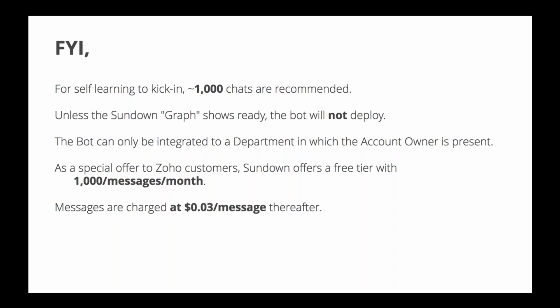But as a special offer to Zoho Sales IQ customers, Sundown offers a free tier where every month your bot can answer up to 1,000 messages at no extra cost. So for most businesses, this number should be sufficient. Your chat volume is not high enough to merit more than 1,000 messages.